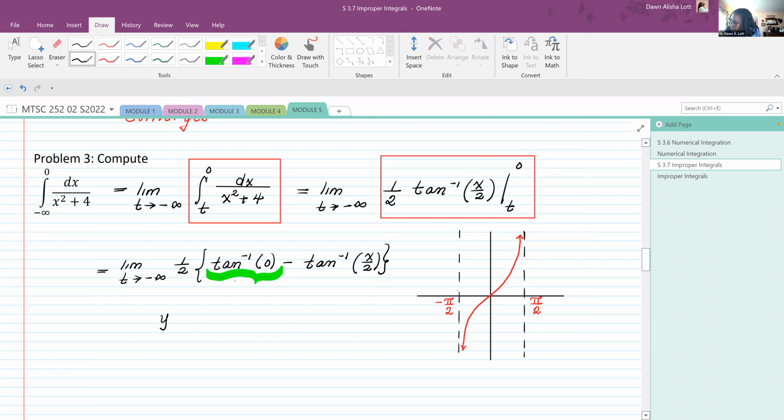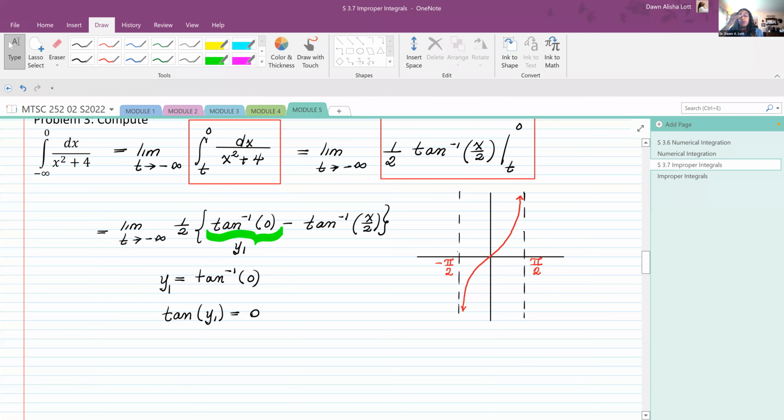So y1 is going to be the tan inverse of 0. Remember, we're trying to find y1. What is the tan inverse of 0? If we take the tangent of both sides, we get that the tangent of y1 is 0. So what is y1 then?